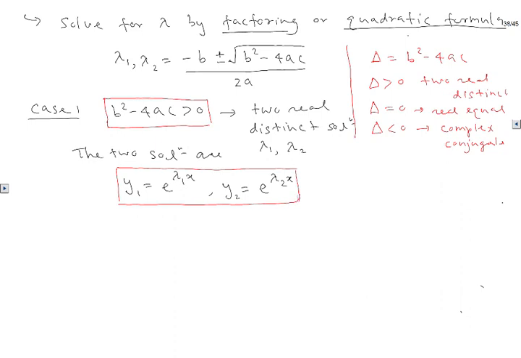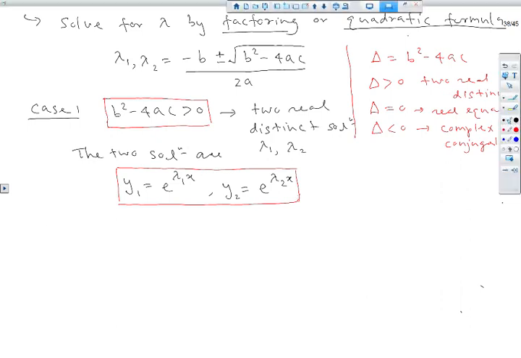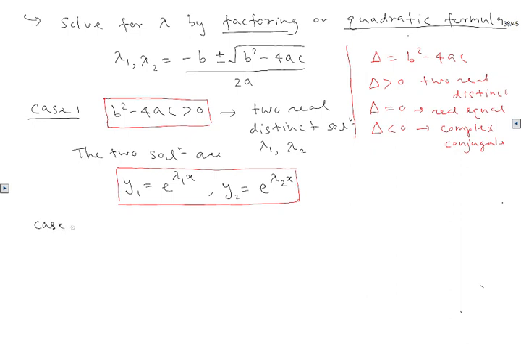Now let's look at the second case. In the second case, b squared minus 4ac equals 0. So let's do case 2. In that case, b squared minus 4ac is equal to 0.